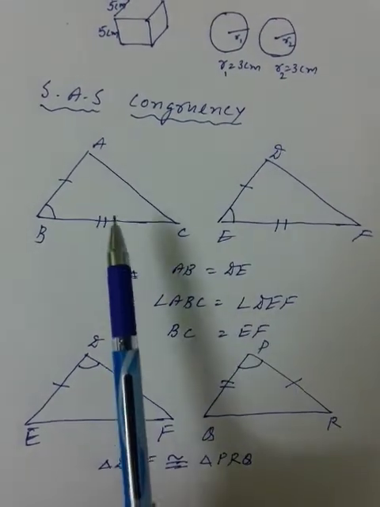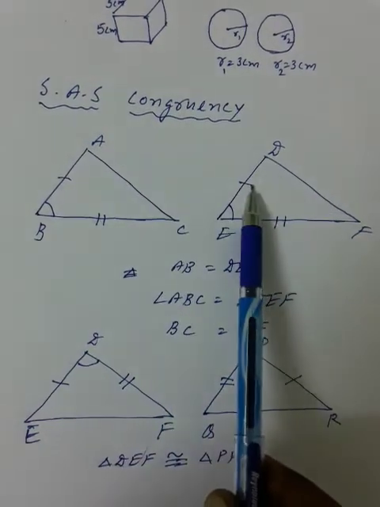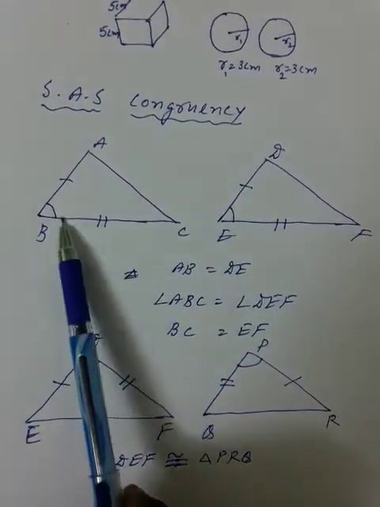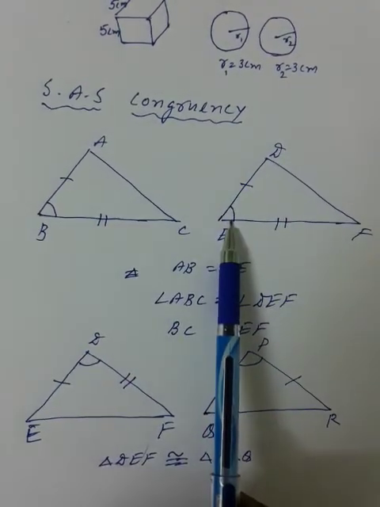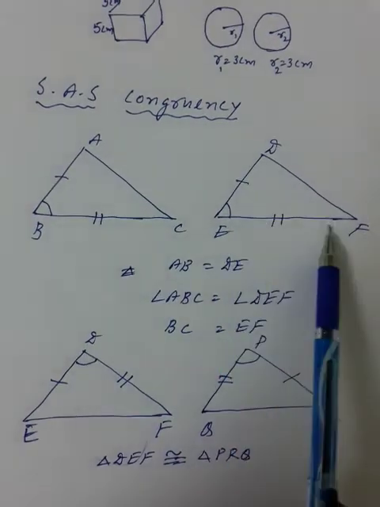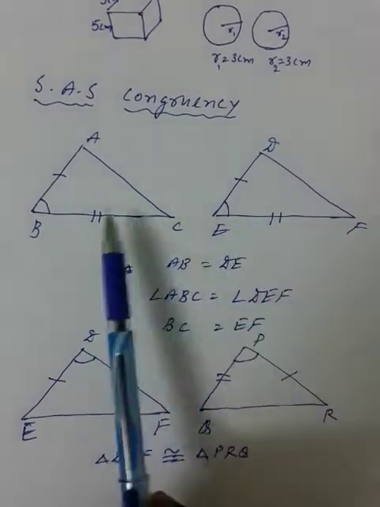So if all the three conditions are there, suppose AB is equal to DE, BC is equal to EF, and angle B equals angle E, or we can say angle ABC is equal to angle DEF, then these two triangles are said to be congruent.